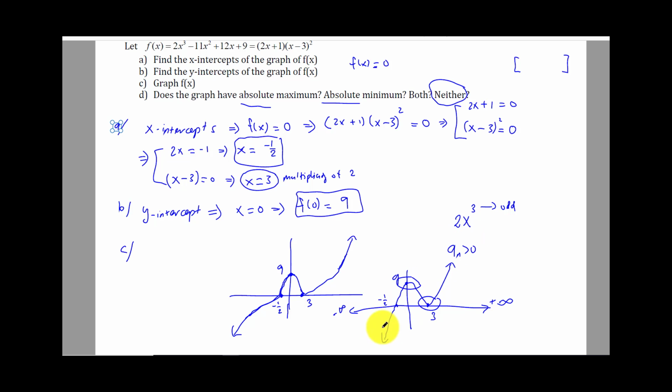The same thing to the left side: it keeps decreasing forever, so we don't have the min value. So we don't have any absolute max or absolute min, but we do have the local max here and the local min in this case. So for D, the answer should be neither.